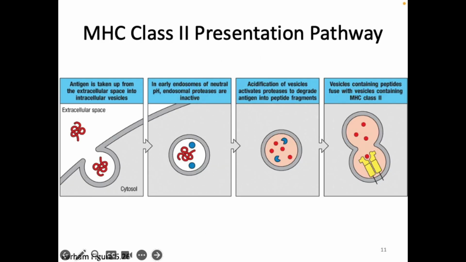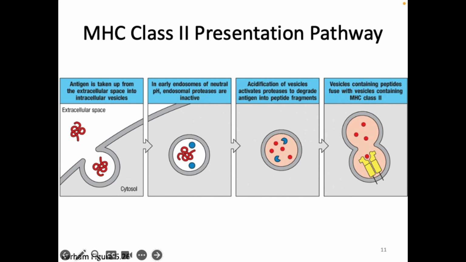So if you think about it, you'd be like, oh, sweet, this is going to be really easy for class 2, because MHC class 2 is a transmembrane protein. It's biosynthesized in the ER, in the secretory pathway. And our peptides are made in the secretory pathway.